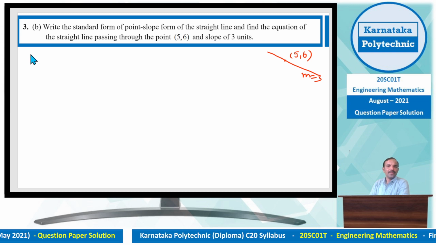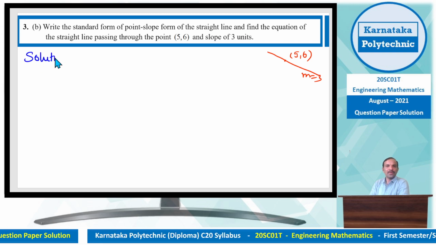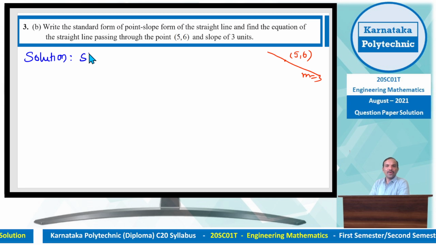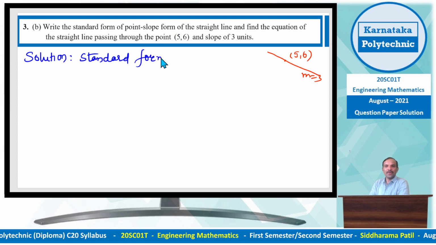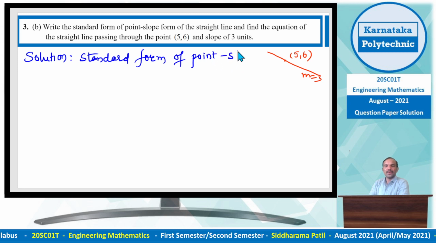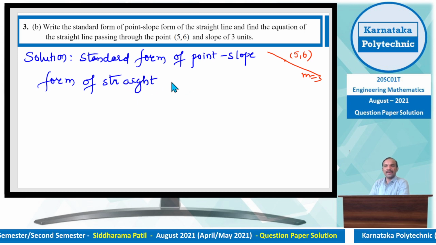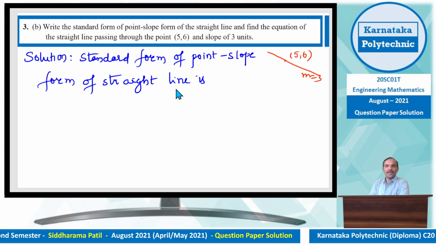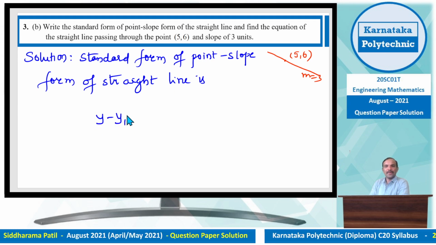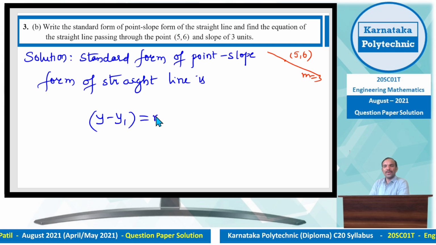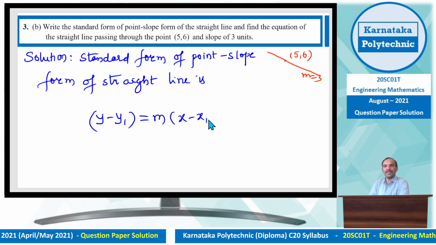Solution. First you have to write the standard form. Standard form of point slope form of equation of straight line is y minus y1 equals m into x minus x1.